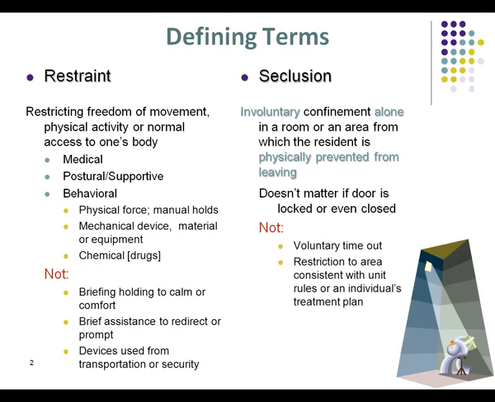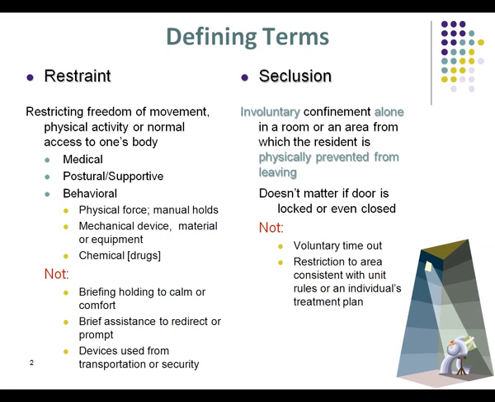So just addressing the second bullet, assisting to redirect or prompt, let's say you're talking about an individual that has Alzheimer's or dementia, and they're starting to move to an exit door, and someone gently grabs them by the elbow and the other shoulder and redirects them back into the facility. That really isn't considered a restraint. It's more of a prompting. Or if you have someone who, like I said, is gouging their eyes out, but by briefly touching their hand and just reminding them to keep their hand on the table, that would not necessarily be considered a restraint.